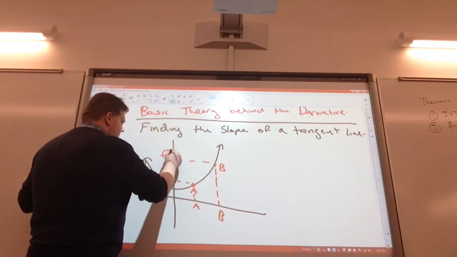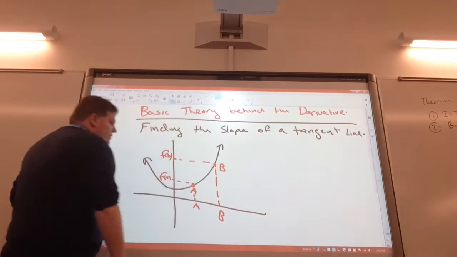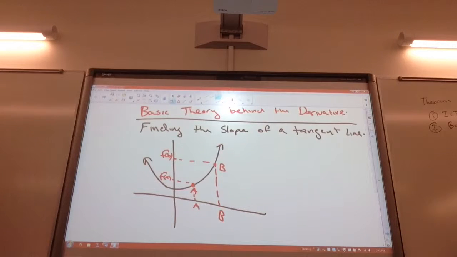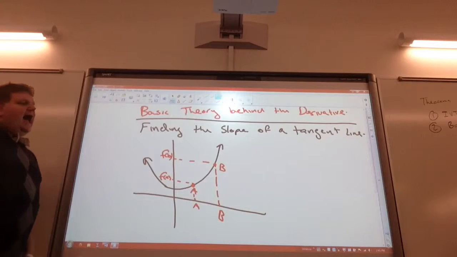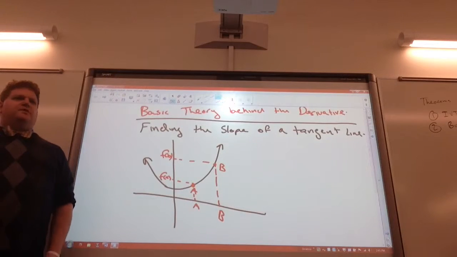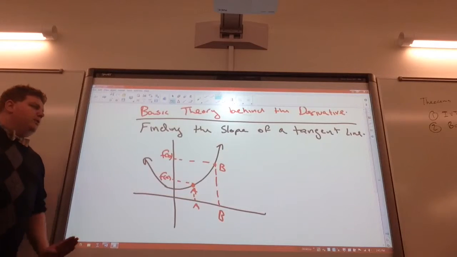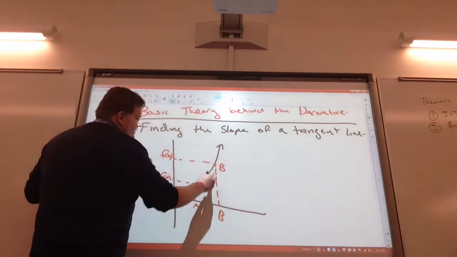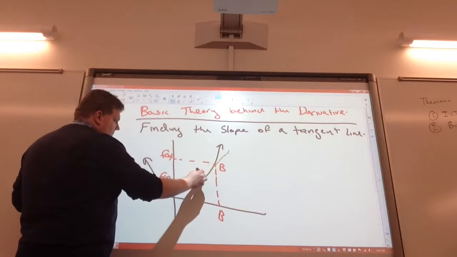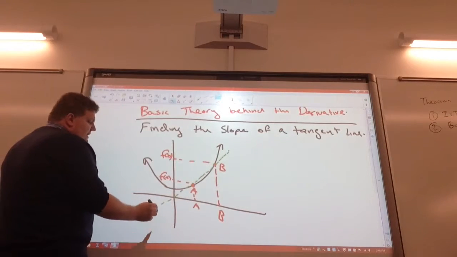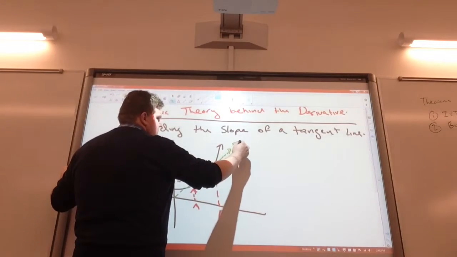f of B, okay? Now, we've seen this before, from Algebra 2 and pre-calculus, I can calculate what's known as the difference quotient between these 2 points, and it's just essentially the slope of a secant line between A and B, okay? So if I drew a line between A and B, such a line is called a secant.